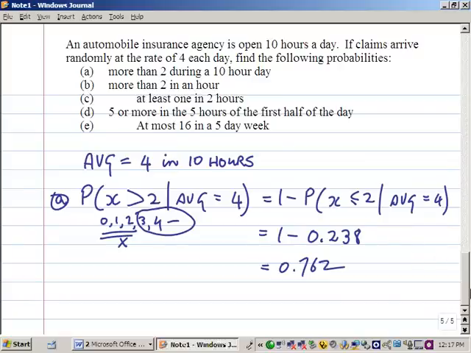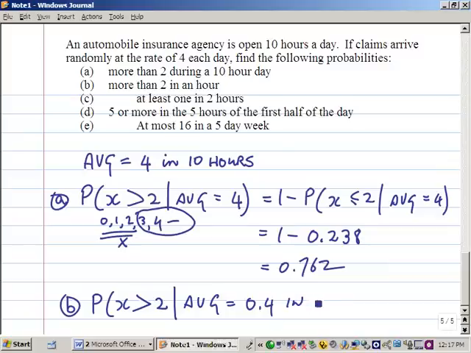Part B. That's the probability of more than 2 in a 1-hour period. So the first part is the same. More than 2 in 1 hour. So if the average is 4 in 10 hours, then the average is going to be 0.4 in 1 hour.